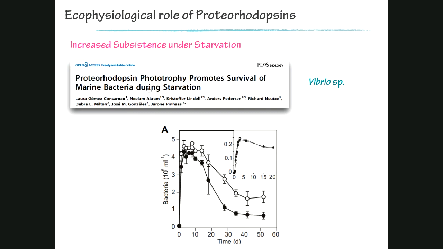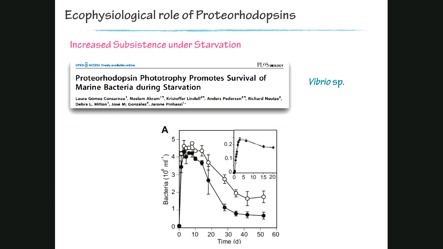Here we see a growth curve of bacteria. This is the exponential phase, and during it there is pretty much no difference between growing under dark or light conditions. But after exponential growth comes to an end and they get into starvation, you see that survival under light, the open circles, is higher than under dark conditions.